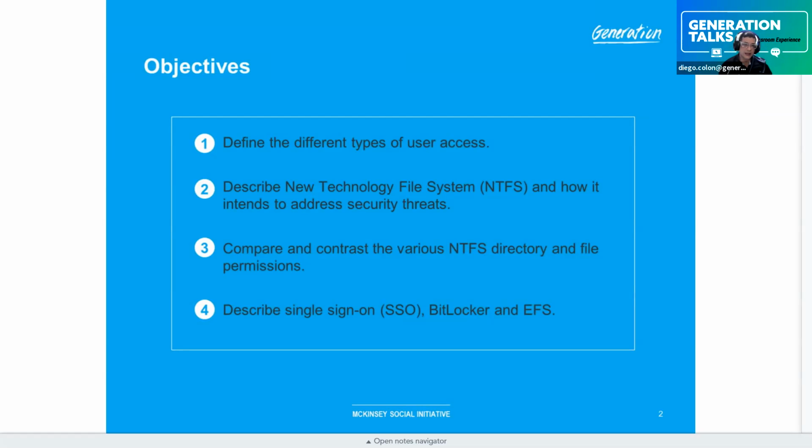Thank you. As for your new technology file system, NTFS, this is the file system that Windows uses to be able to store and retrieve files using obviously their new security methods. It also brings other features like encryption. At the same time, we need to understand the several types of settings and permissions for our drives, files, folders.